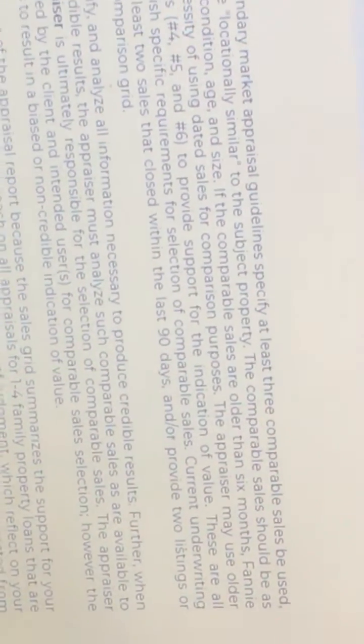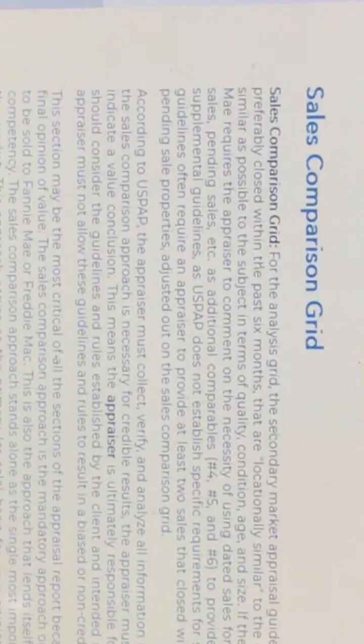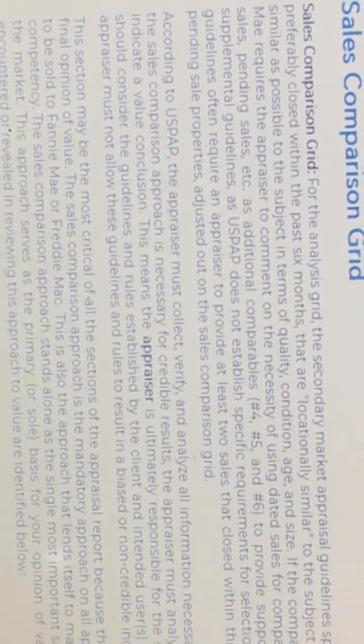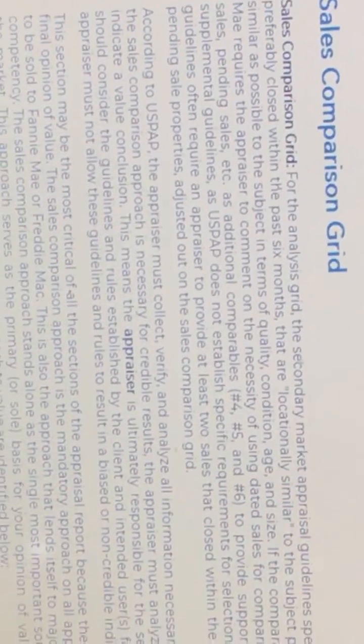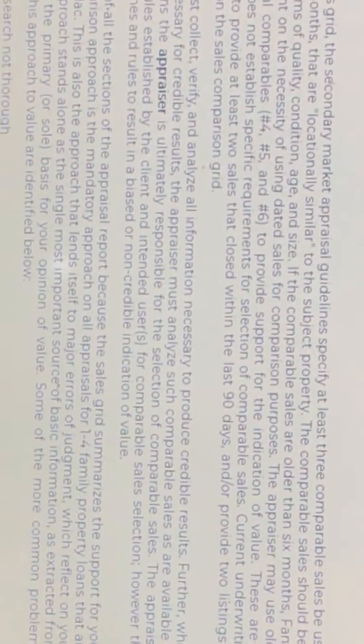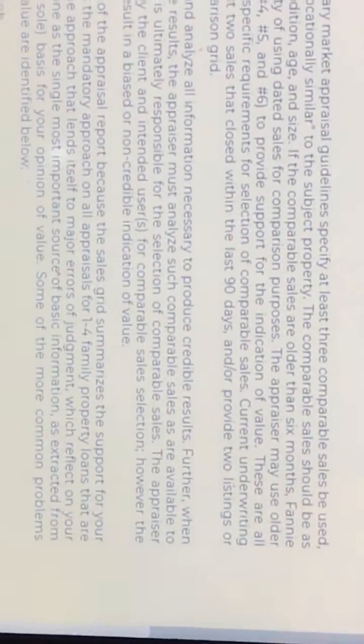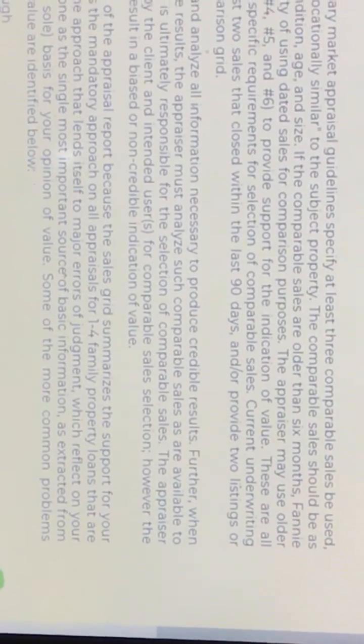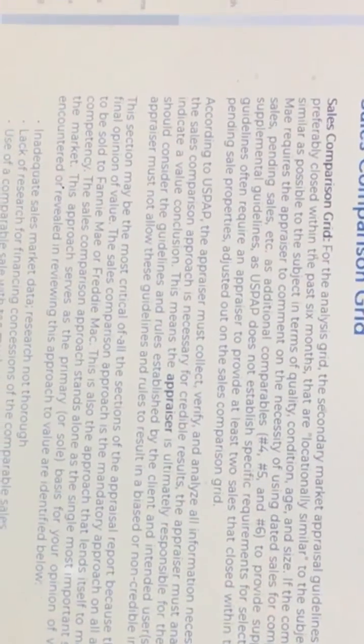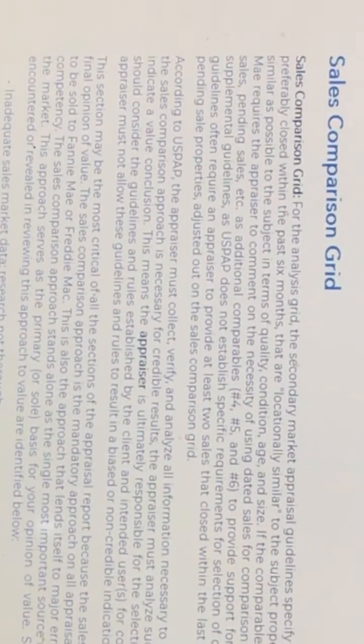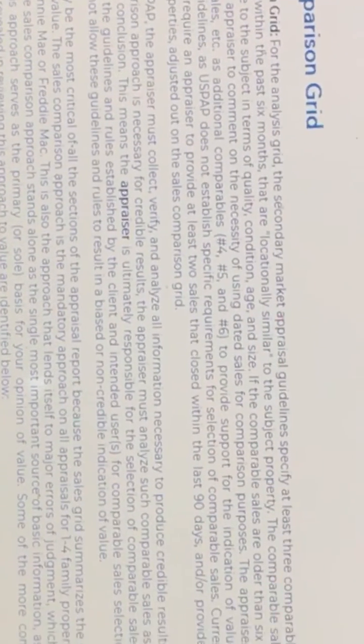The appraiser may use older sales, pending sales, etc. as additional comparables, number 4, number 5, and number 6, to provide support for the indication of value. These are all supplemental guidelines, as USPAP does not establish specific requirements for selection of comparable sales.